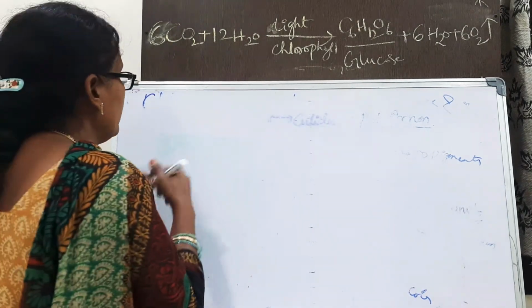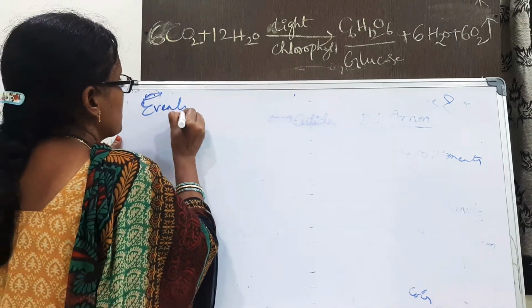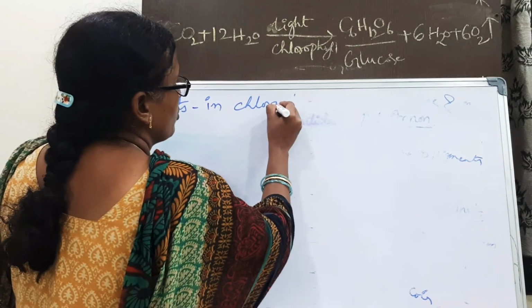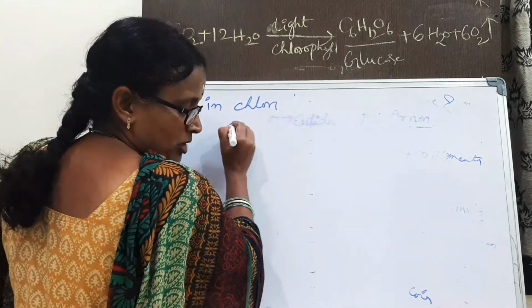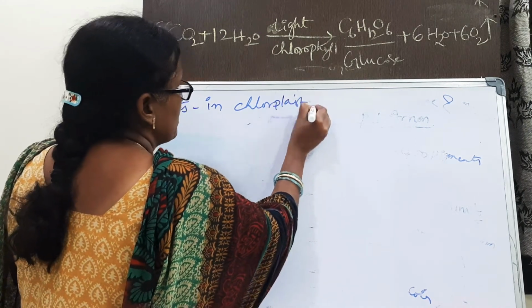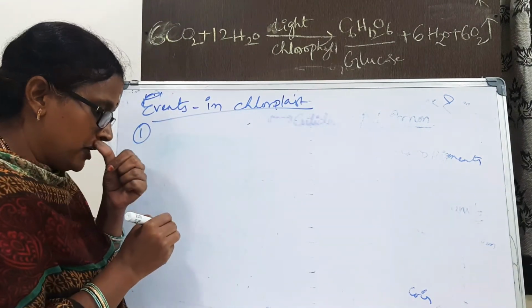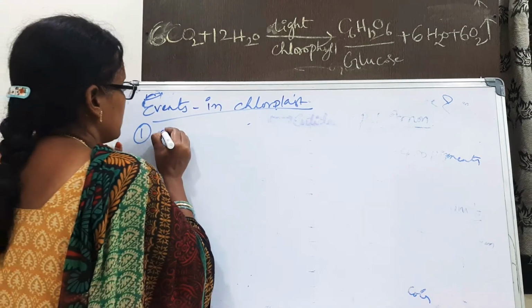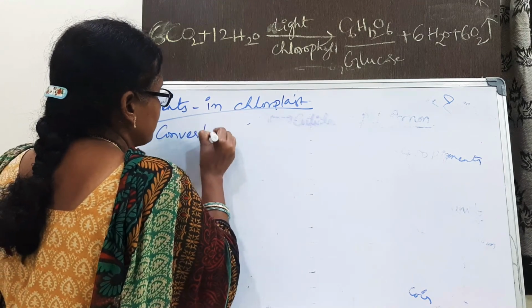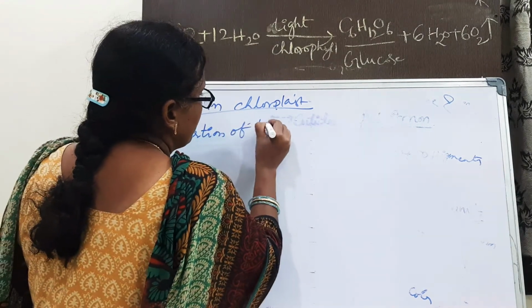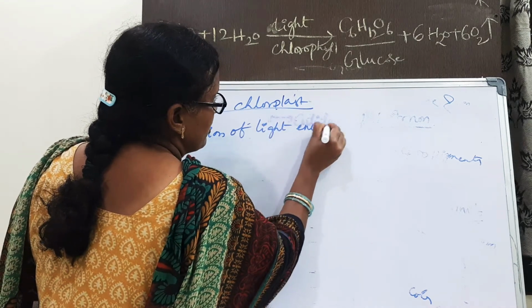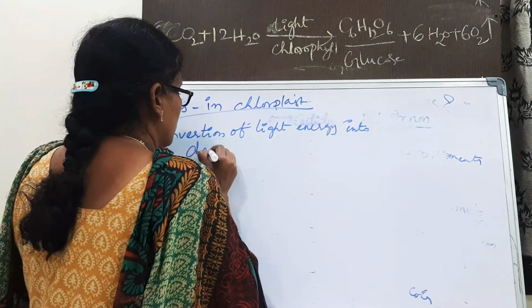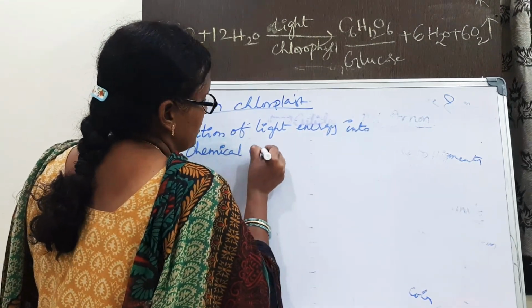Next, what are the events that take place in the chloroplast? Three events are given. One is conversion of light energy into chemical energy.